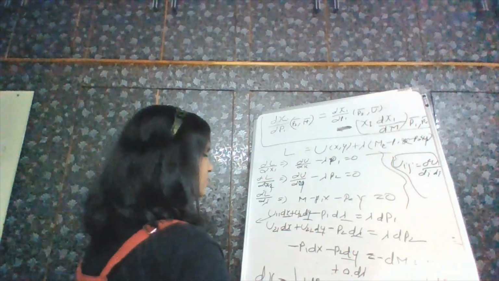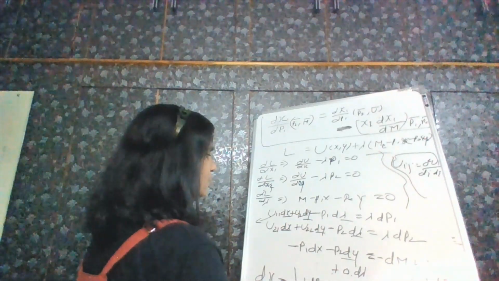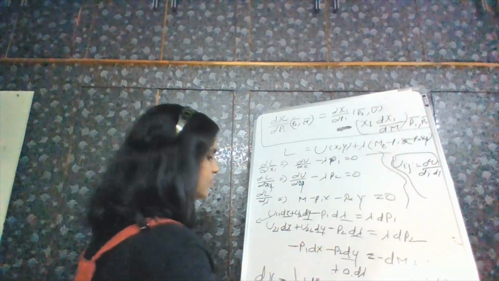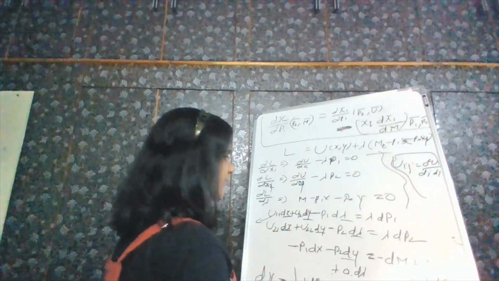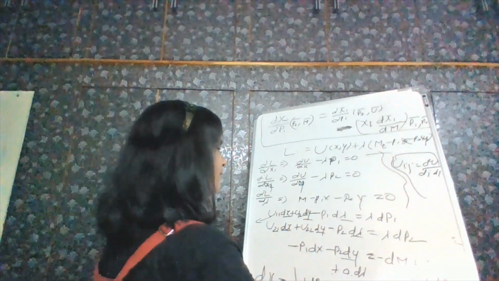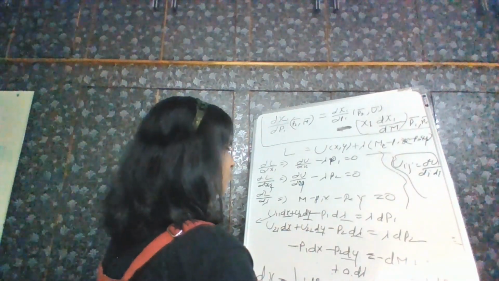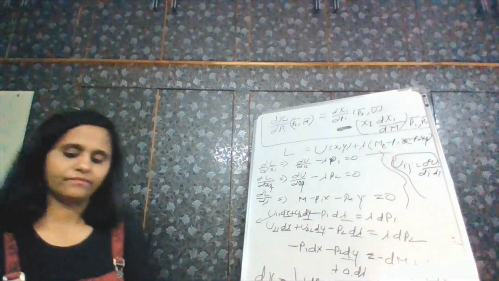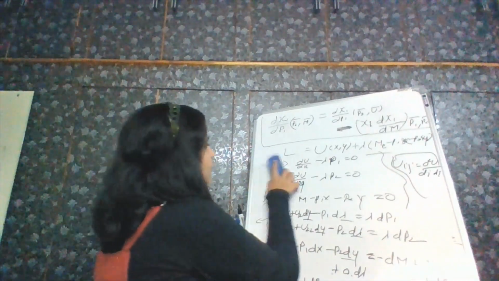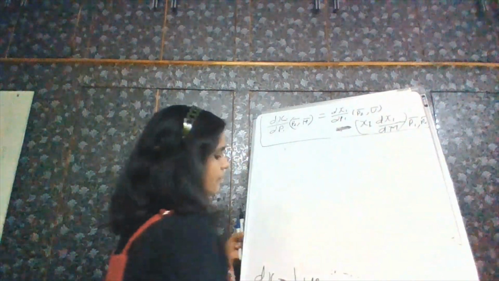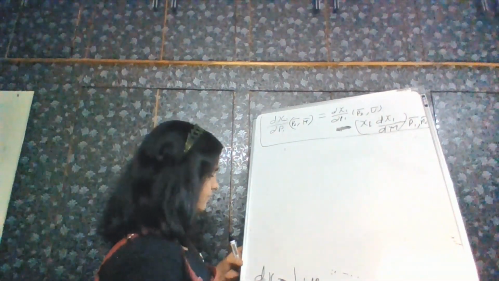Y coefficient is u12, u22 and minus p2. X coefficient we are not taking. And then the z coefficient is minus p1, minus p2, and z is 0 here, so 0. So that is your dx. I'll just remove this whole equation and just put this here, dx.